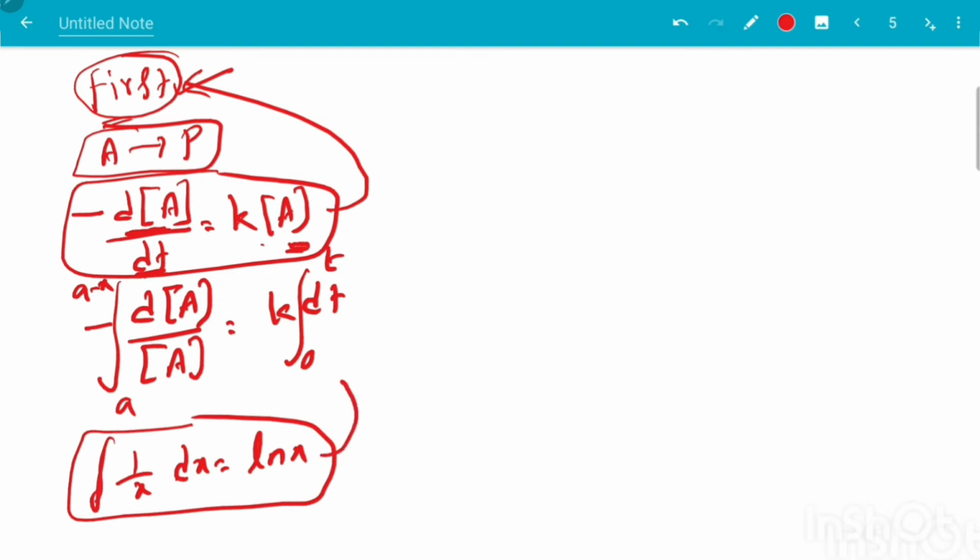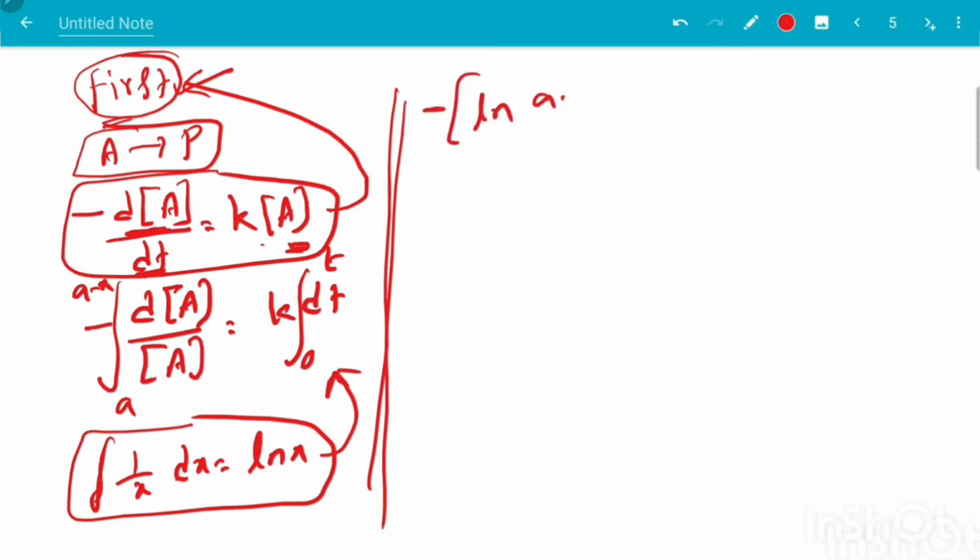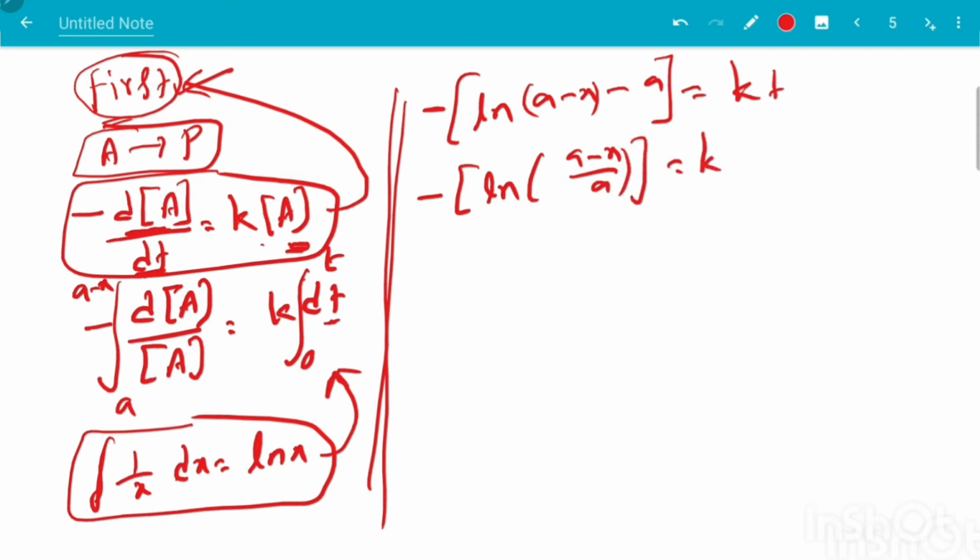Applying this, we get minus of ln (a minus x) minus ln a, applying limits, equal to k into t. Integration of dt is t. So minus ln (a minus x) by a equals k into t, that is ln a by a minus x, and the minus cancels, equal to k into t.